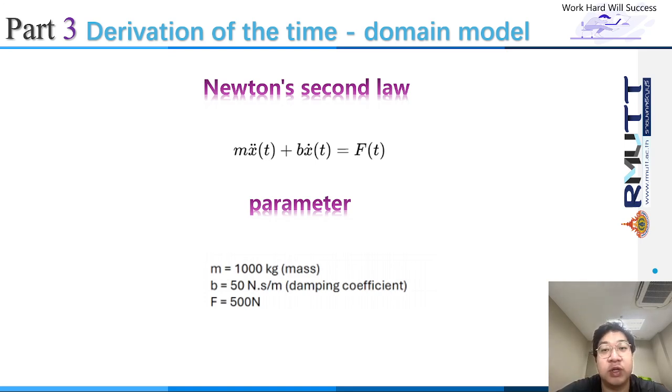Newton's second law tells us that the acceleration of an object is proportional to the net force acting on it and inversely proportional to the mass of the object.